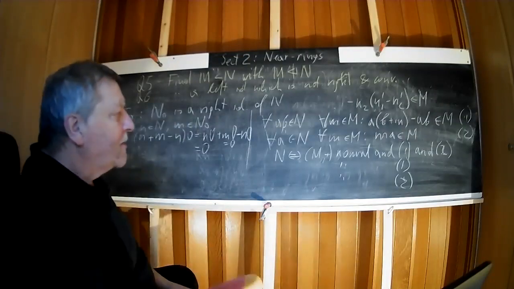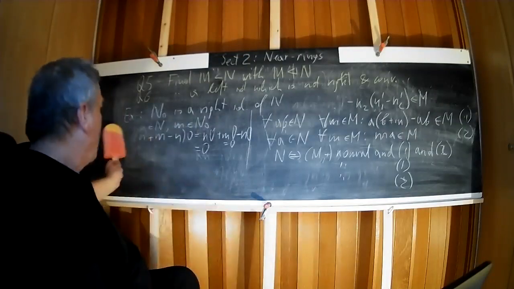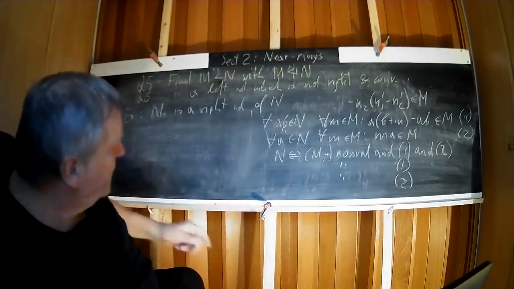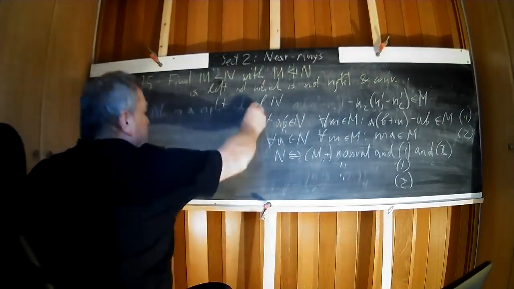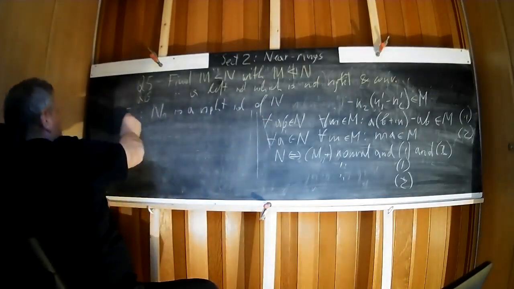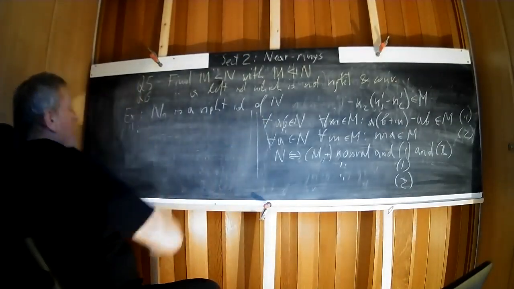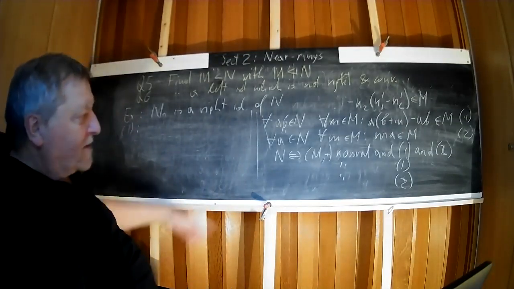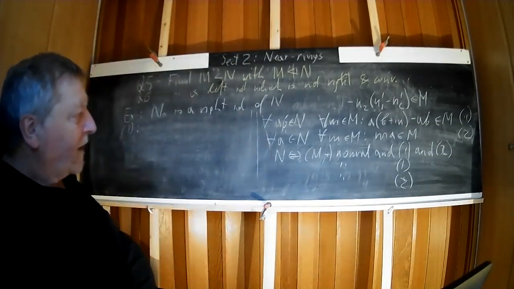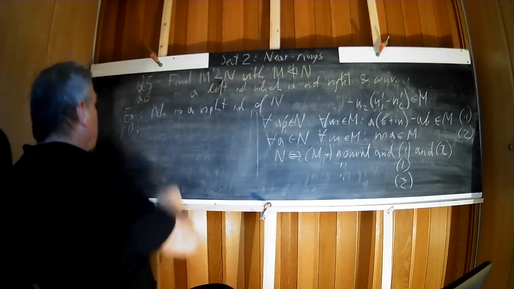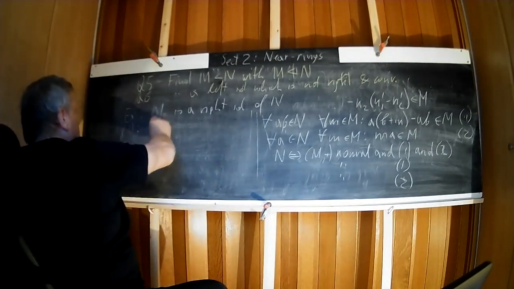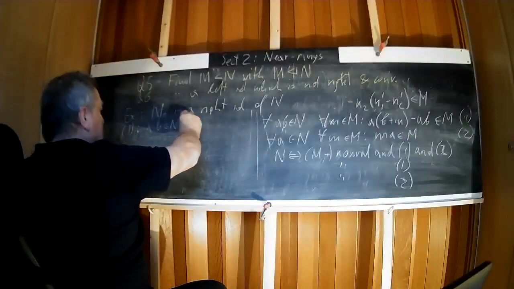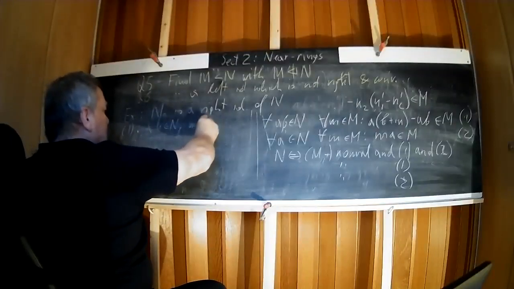What about the condition number 1? Suppose we have, let's call the elements now A and B, A, B in N. And let's take M to be in N sub naught.